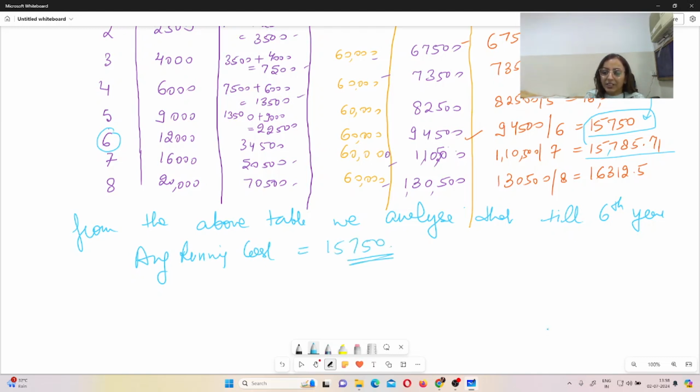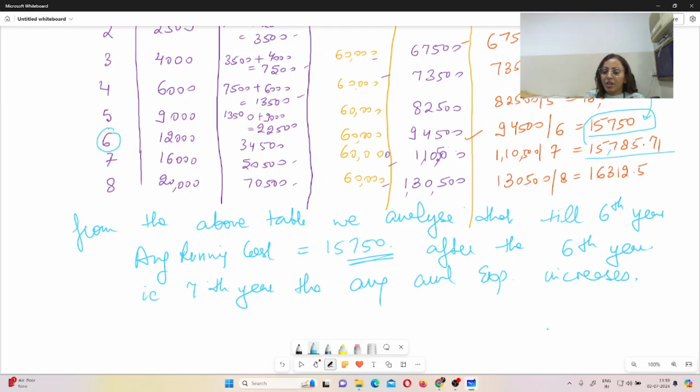That is the least. After the sixth year, in the seventh year, the average annual expenses increase. How much? It's 15,785.71. That is increasing, so you have to analyze it.